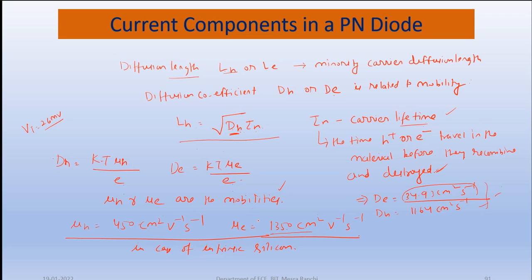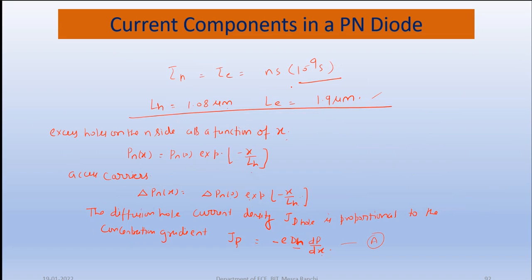I calculated that the carrier lifetime comes out to be 10 to the power minus 9 seconds, or a nanosecond, and LH will be equal to 1.08 micrometer. So after moving 1.08 micrometer away from the junction, the carriers will get destroyed. This is what the diffusion length says.